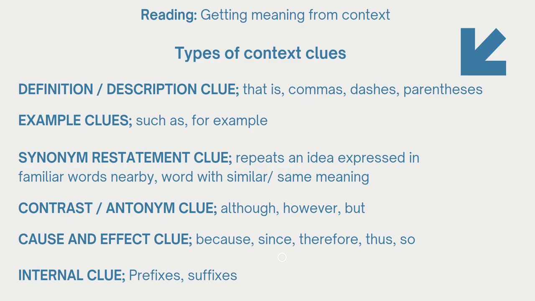There are some types that I'm talking about. The first one is the definition or description clue. And then example clues, synonym or restatement clues, contrast or antonym, cause and effect, and the last one is the internal clue.